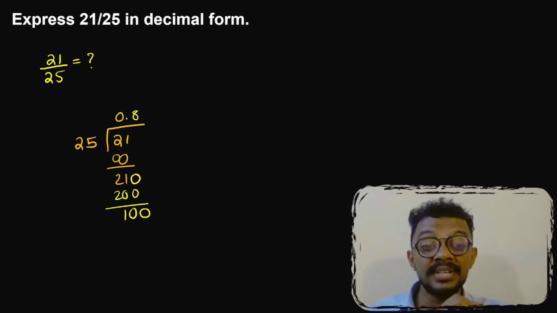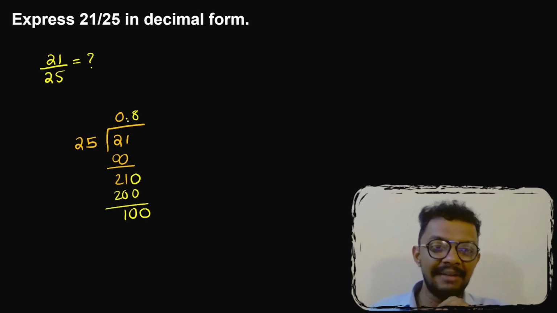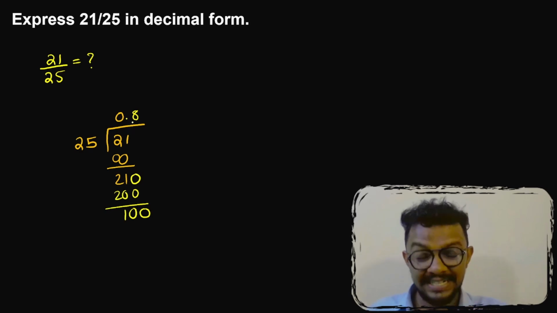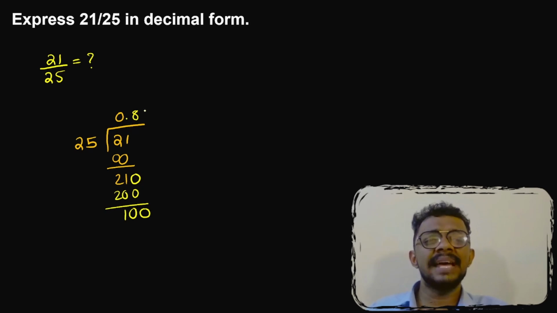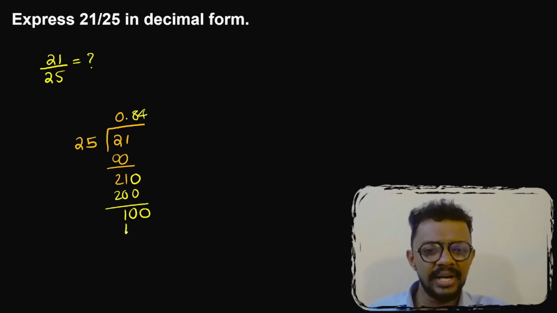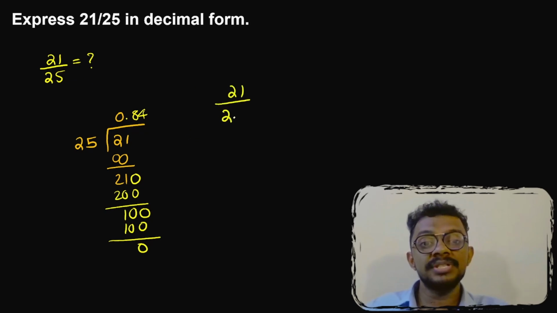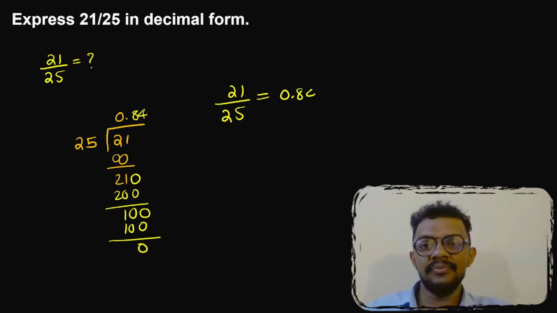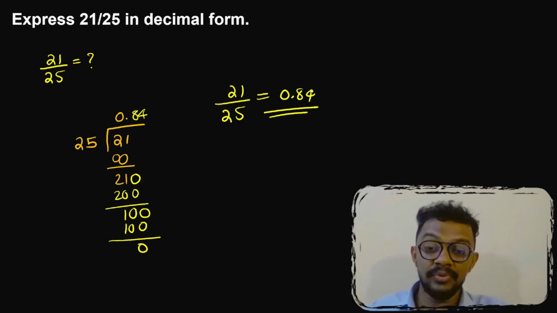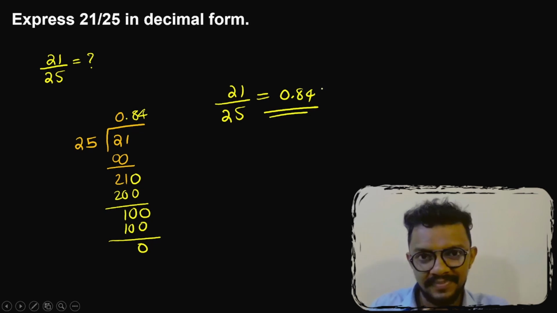When I'm giving the first extra zero, I will give a decimal in the quotient. In 100, how many 25s are there? The answer is 4. 4 into 25, 100. There is no remainder. So basically, 21 divided by 25, the decimal expansion is 0.84. Look, it is ending somewhere. After 4, no digits are there.